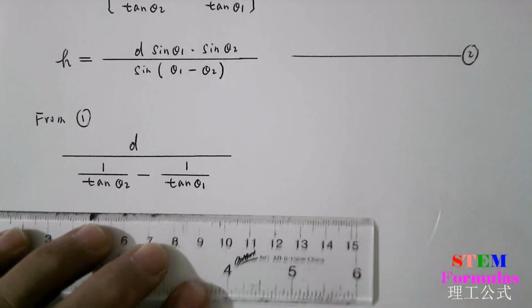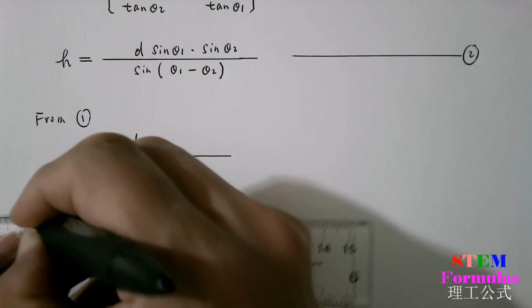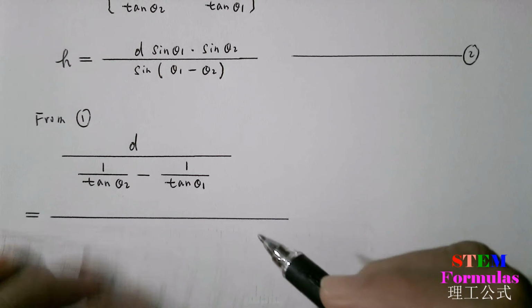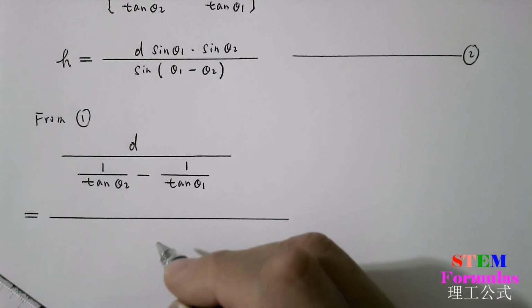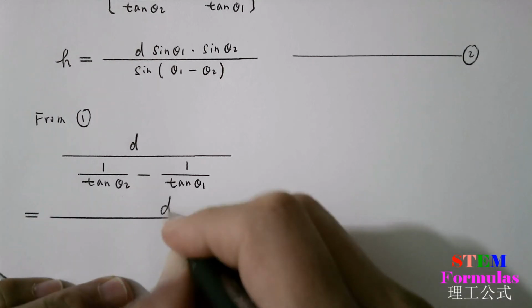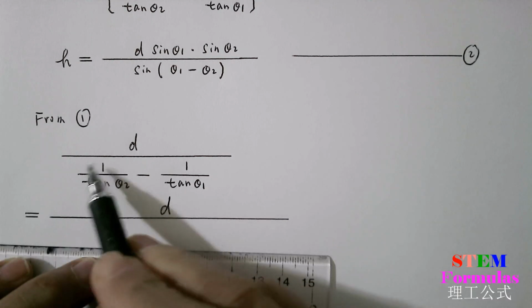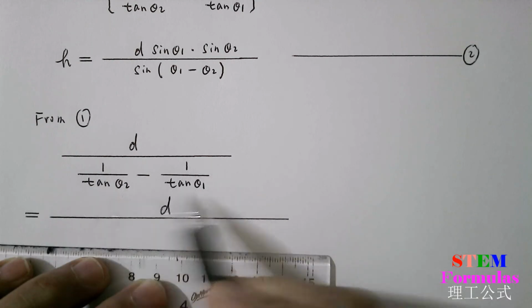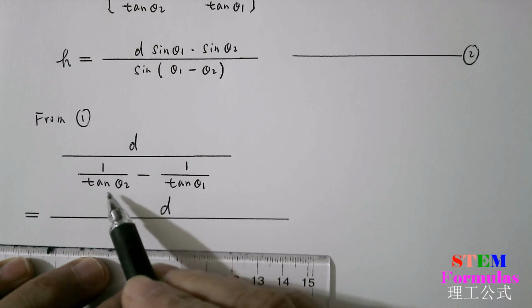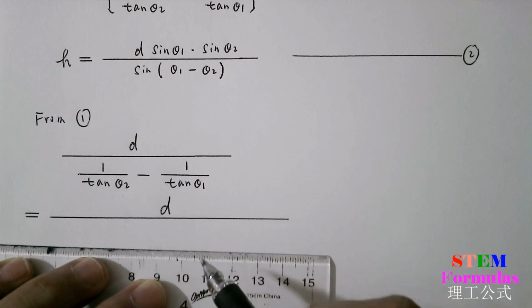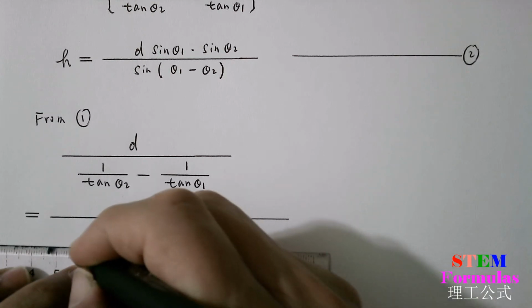Now, this expression equals d times... this factor and this factor don't have the same denominator, so we make a common denominator as follows.